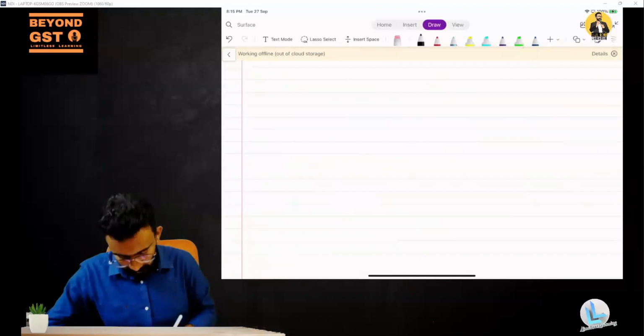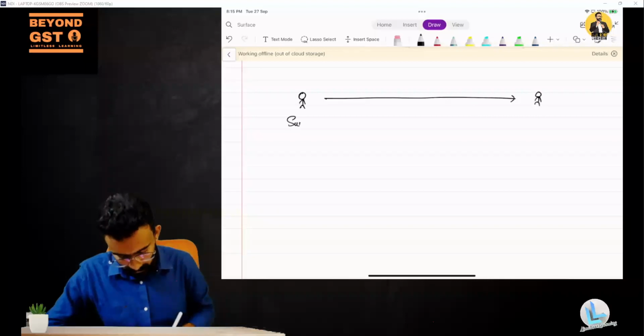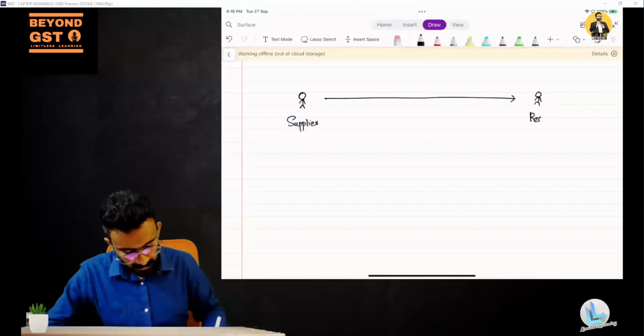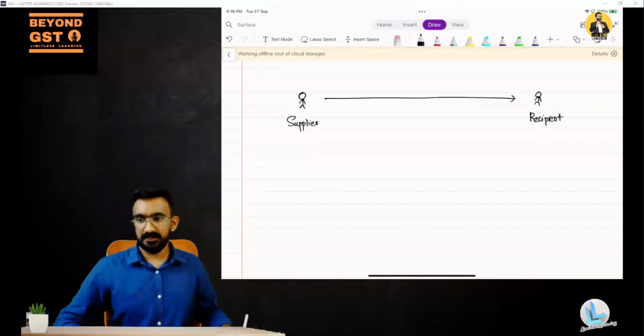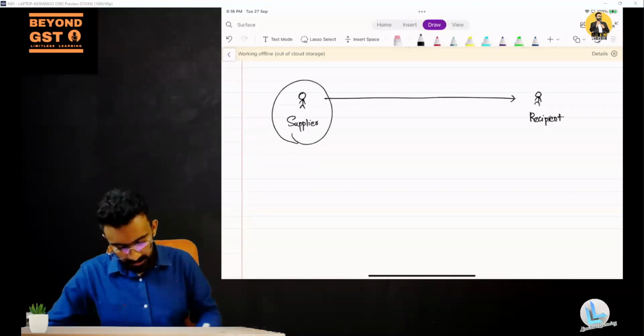Say, supplier, recipient. Okay. The supplier has given an invoice for 1 lakh.